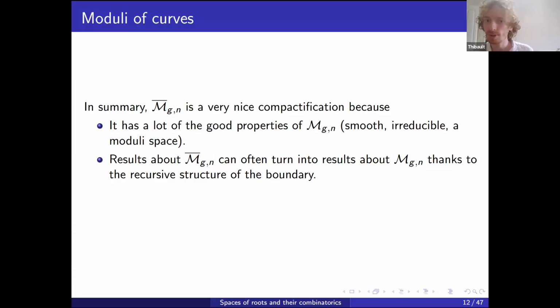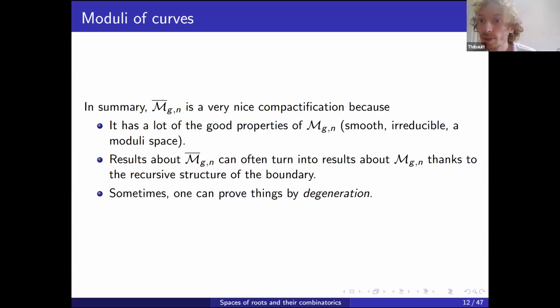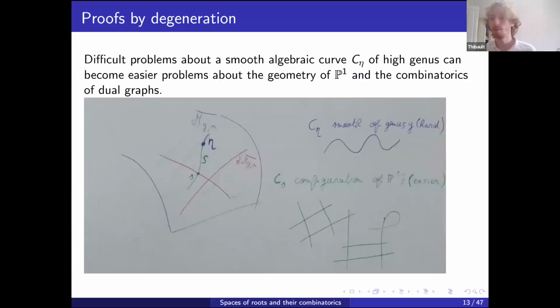This partition into pieces made of smaller MGNs, to turn theorems about MGN bar into theorems about MGN. And you can use what's called degeneration techniques on it. So I'm going to explain what that is now with a drawing.